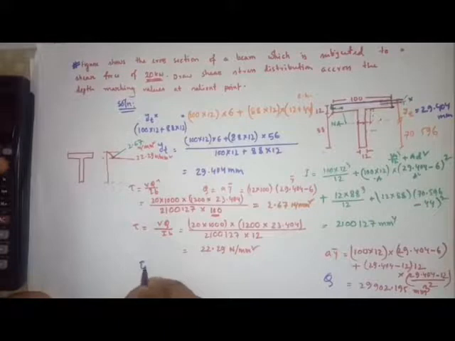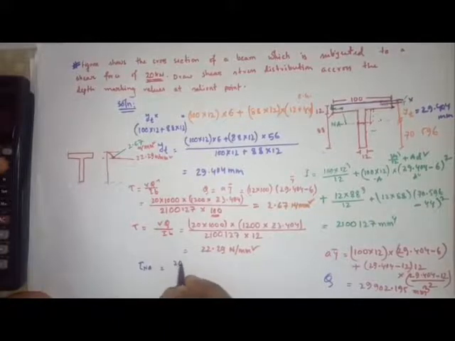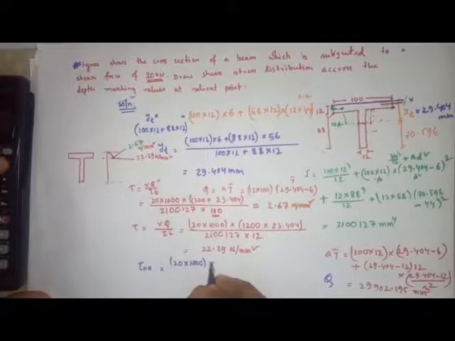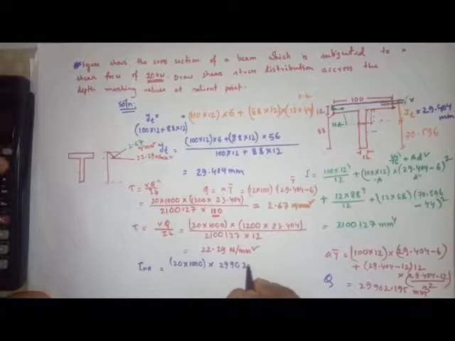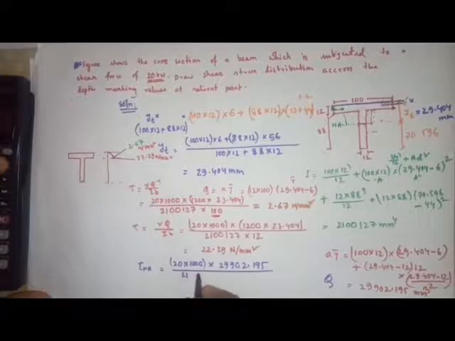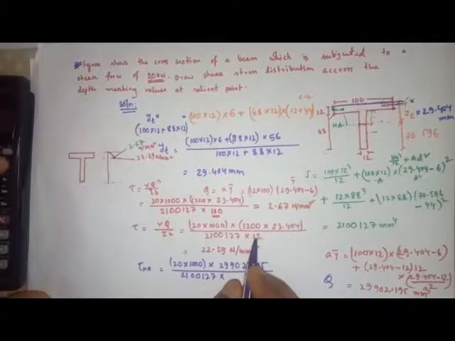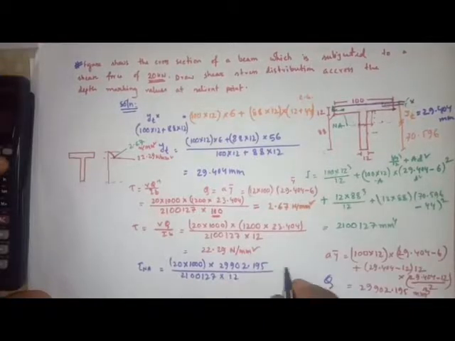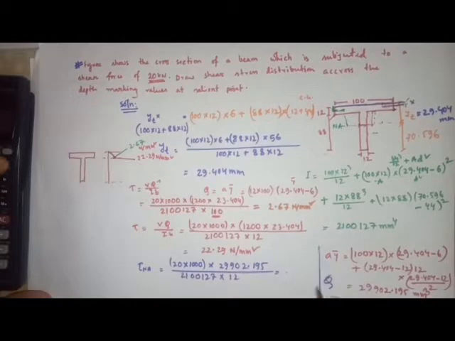So tau at the neutral axis is VQ. So V is 20 into 1000 converted to Newton, and this Q value is 29902.195, divided by this moment of inertia into the width 12. So from here you can find out the value.